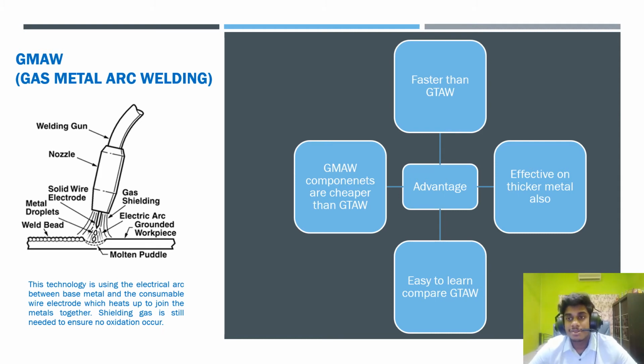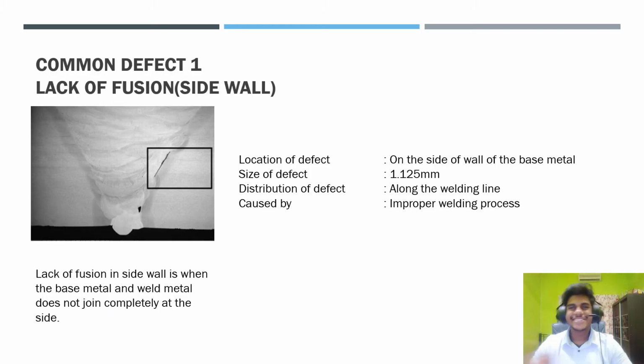This is because it is faster, it is more effective on thicker metal, it is easier to learn than the typical GTAW, and it has cheaper components compared to gas tungsten arc welding, which is preferable to the industry.